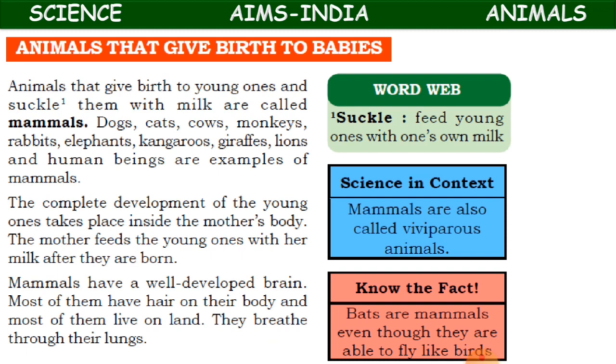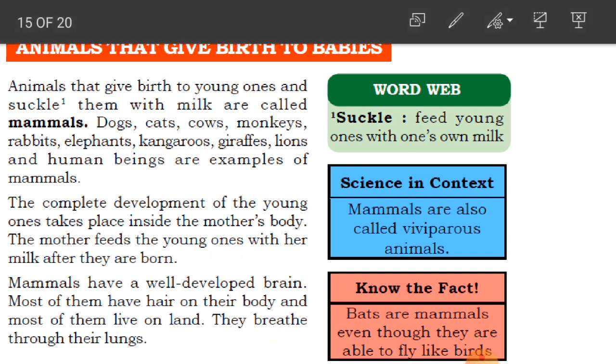Animals that give birth to young ones and suckle them with milk are called mammals. Suckle them with milk, in the sense what, children? They feed the young ones with their own milk.